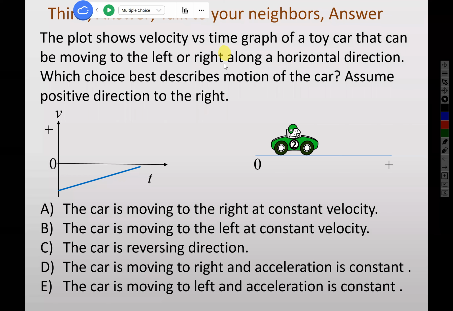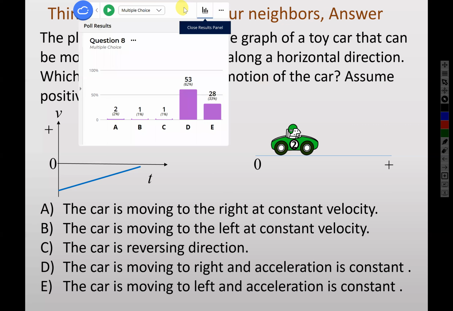Okay. So let me open this and there will be 30 seconds for this. 5 more seconds. 5, 4, 3, 2, 1, and it stops.